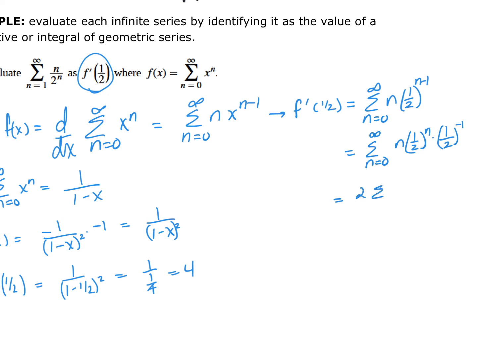So this is 2 times the series of n equals 0 to infinity of n times 1/2 raised to the n.